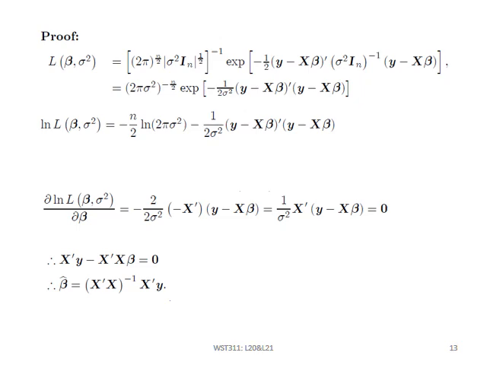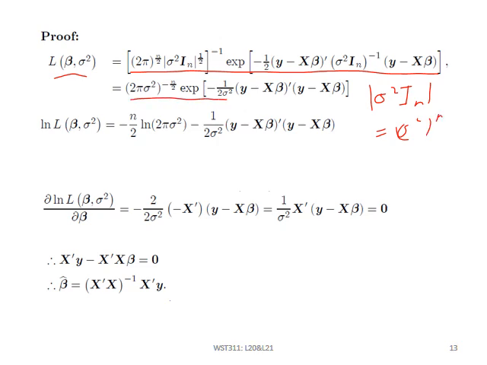Making use of the multivariate normal distribution of y, we can write the likelihood function for beta and sigma square as this expression. Using the fact that the determinant of sigma square I n equals sigma square to the power of n, we can simplify the likelihood function to this expression.